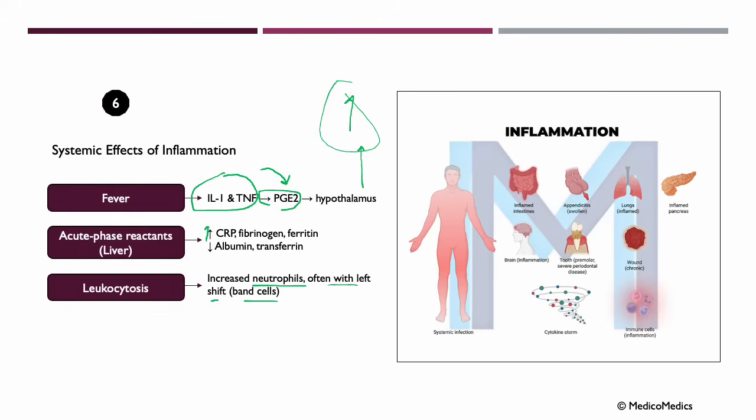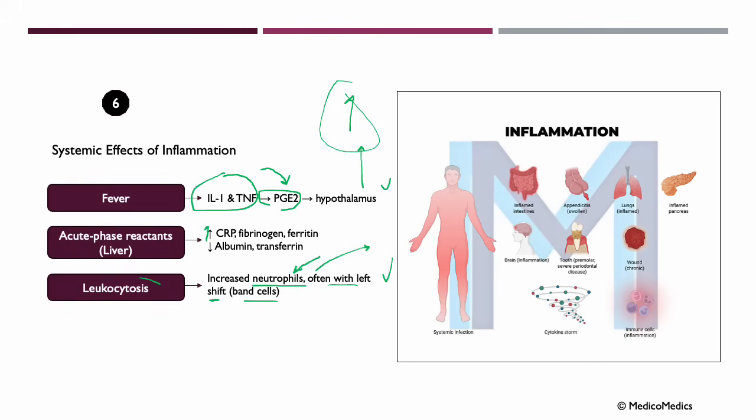We see ESR increase. And in our bone marrow, we see the sudden increase of white blood cells, specifically neutrophils, often with a left shift, meaning they are immature. So we have a sudden release of a lot of immature white blood cells or neutrophils. All of these are markers for ongoing existing inflammation.